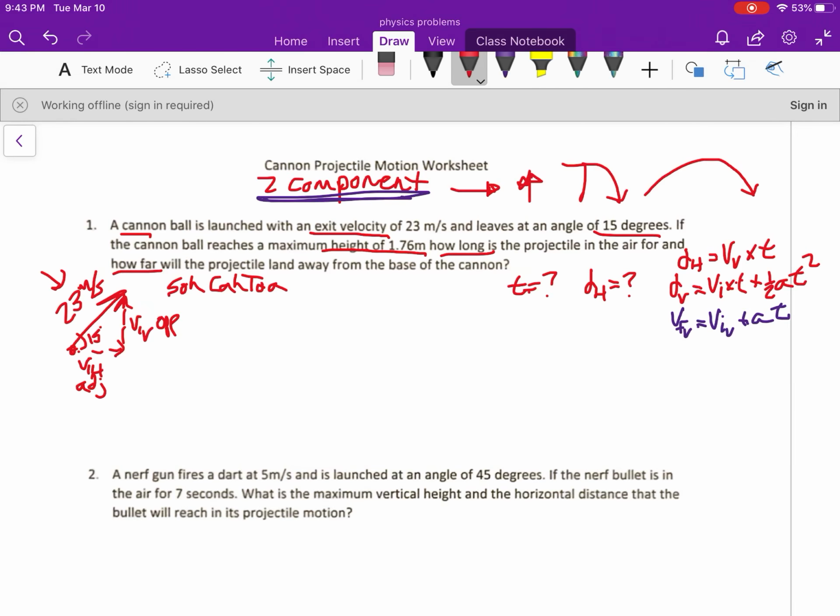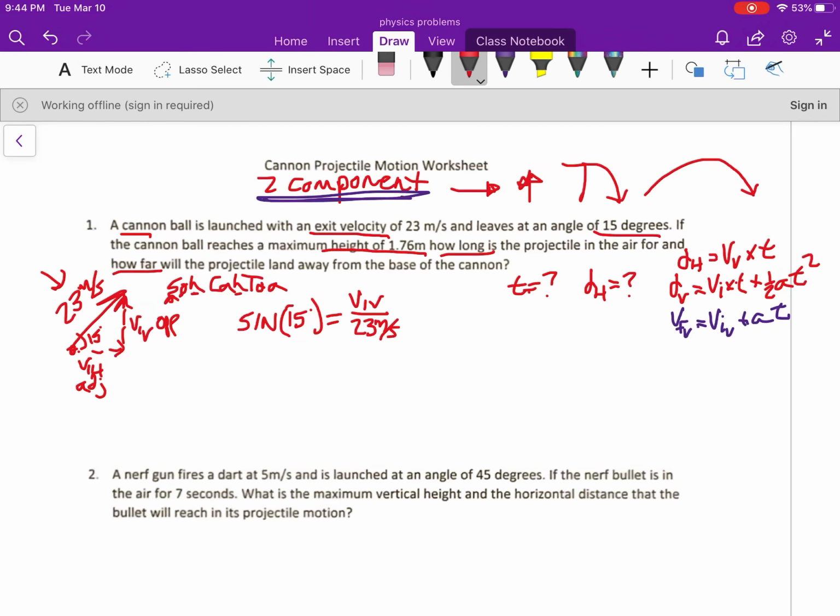I have my hypotenuse, and I want to solve for my opposite side, so I'll use the sine function. Sine of my angle, 15 degrees, equals my opposite side, the initial velocity in the vertical, divided by my hypotenuse, 23 meters per second.